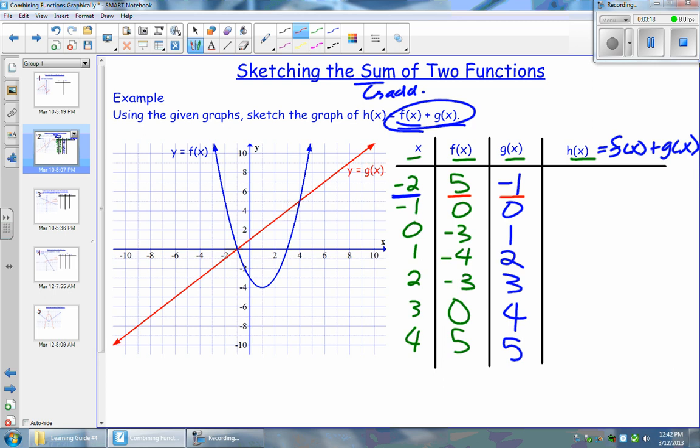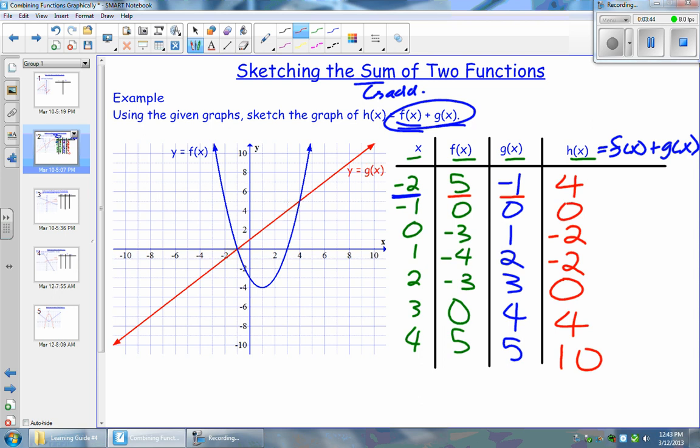If I add 5 plus -1, I get +4. 0 plus 0 gives me 0. -3 plus 1 gives you -2. -4 plus 2 gives you -2. -3 plus 3 gives you 0. 0 plus 4 is +4. And finally, the last point is 10. So there are my corresponding y values on the h of x function.